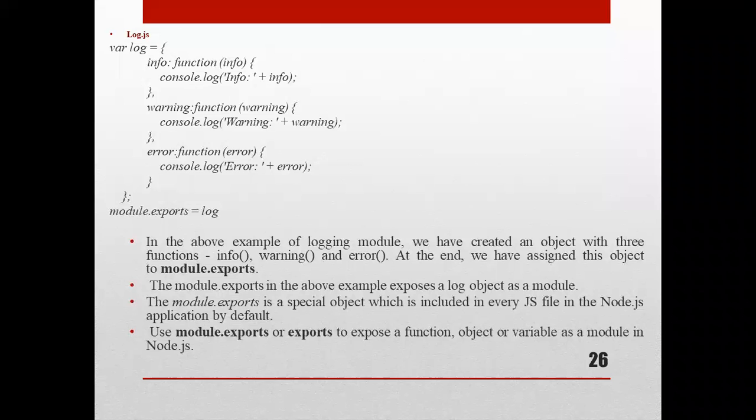Use either module.exports or exports to expose a function, object or variable as a module in Node.js. Here you can see this variable log, or we can say object or variable, that we are going to expose as a module.